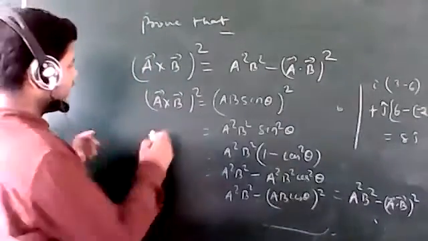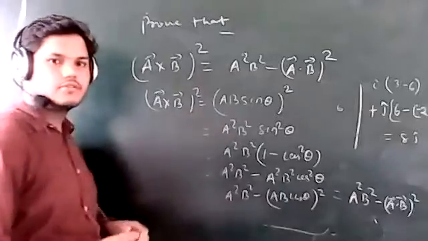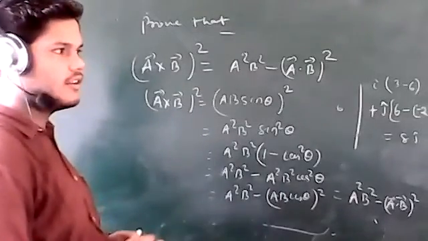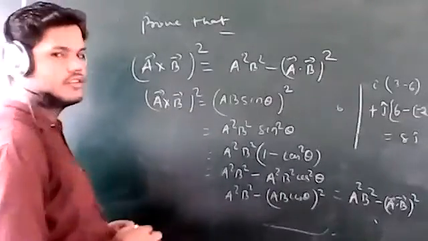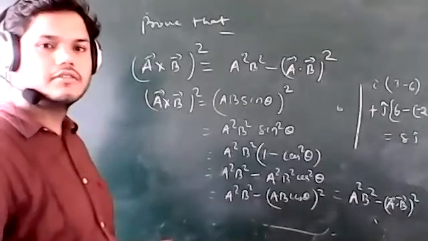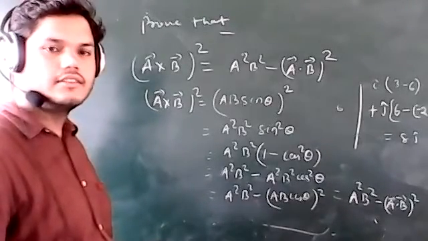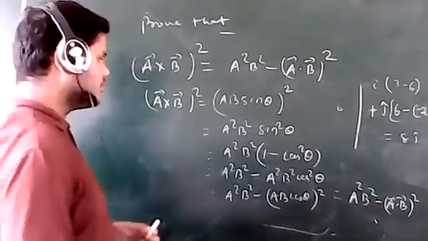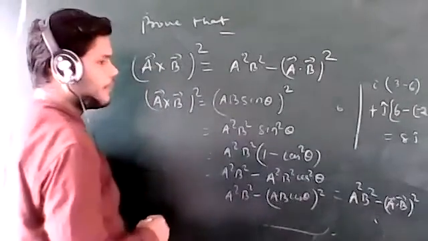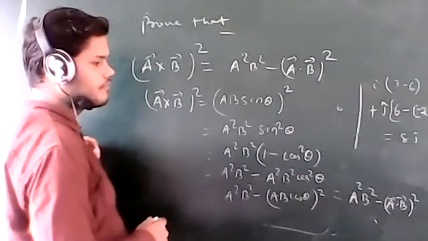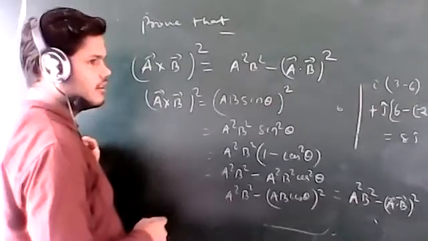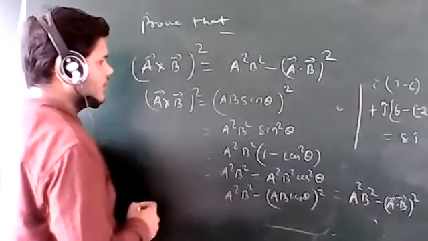Okay, what is the formula of A cross B, Sugandha? If I am taking the magnitude... Yes, Sugandha Jaswal. Yes, hello. What will be the formula for A cross B? Sir, with magnitude.